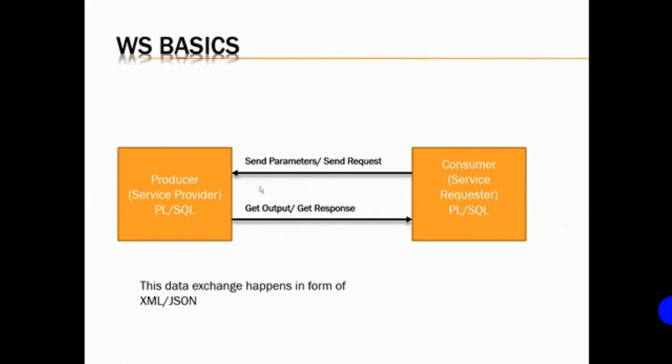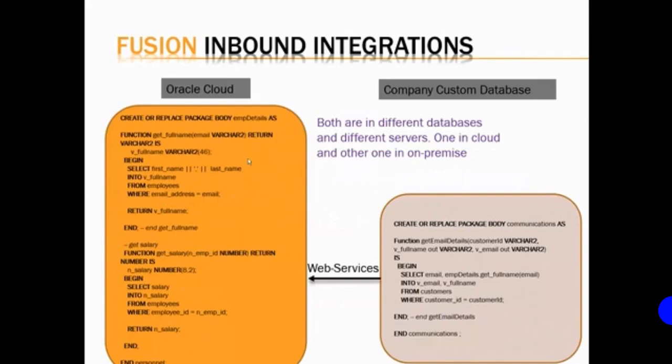So how do we know these two things? How does the consumer know the specification? That is number one. Second, let us assume that here I'm talking about a PL/SQL procedure calling a PL/SQL procedure.